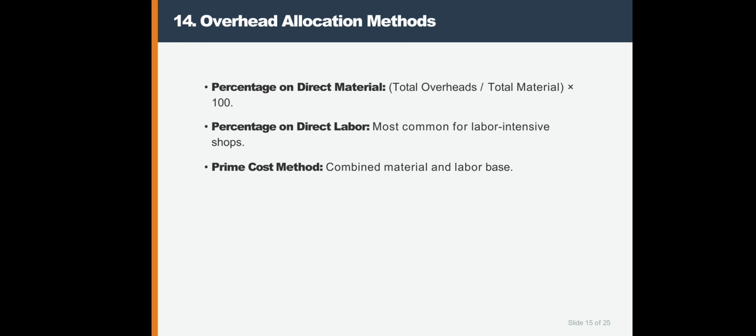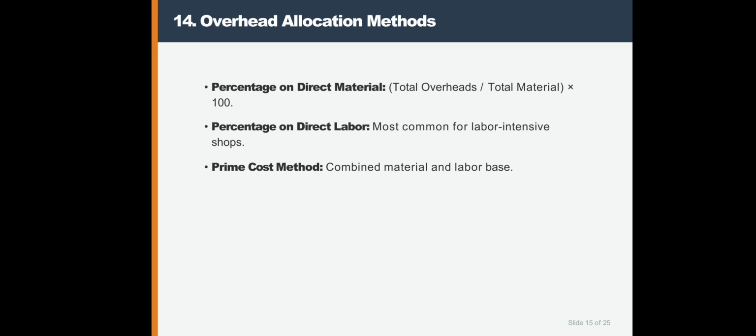The next one is overhead allocation methods. There are three types of methods. The first is percentage on direct material, then percentage on direct labor, and the prime cost method. Percentage on direct material is calculated by the equation: total overheads divided by total material into 100.